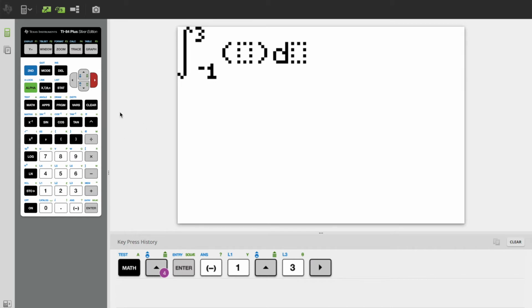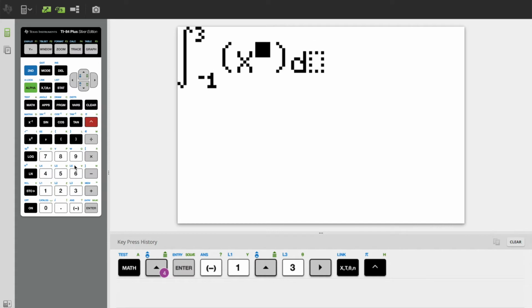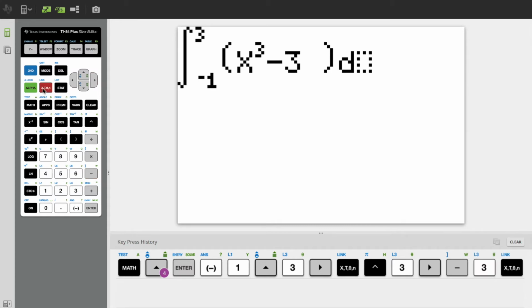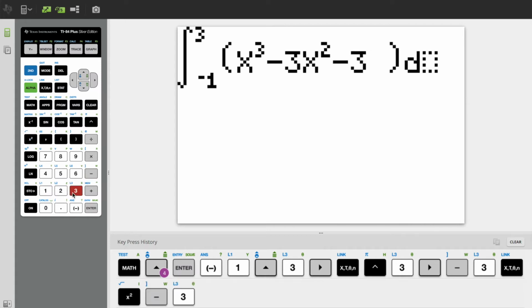Here, enter your function, x raised to the 3rd power minus 3x squared minus 3. Then over here, we want to put in our x variable.